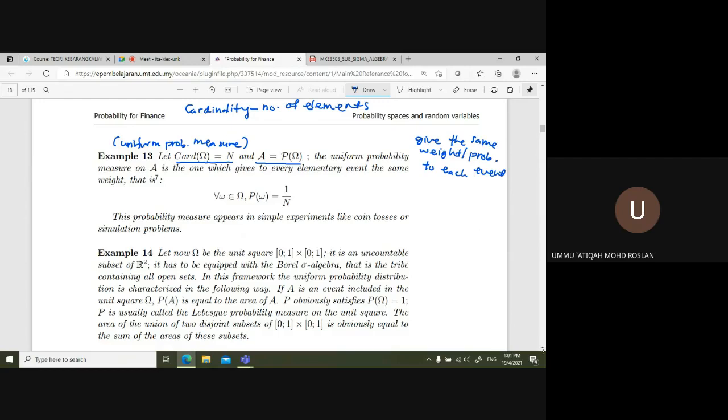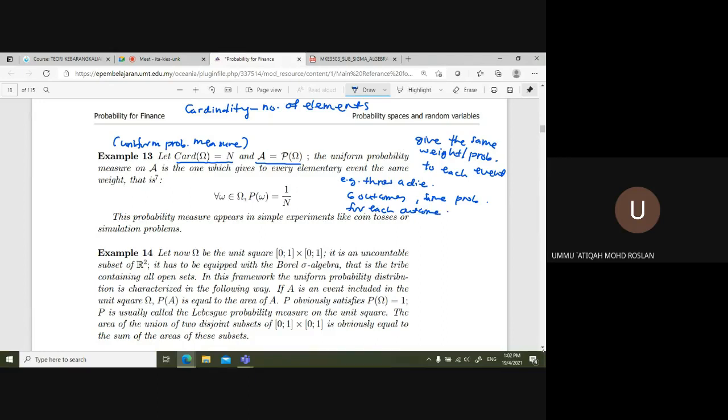For example, if we throw a die, you have six outcomes, and suppose I give the same probability to each outcome.